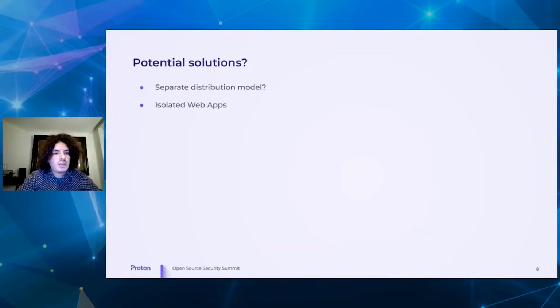One thing you could think of is, well, maybe we should change the distribution model somehow. Maybe it should be more like the mobile apps, for example, where the application is signed by the developer, but then it's also signed by the distributor, which could be, let's say, Google or Apple, signing the code as well. And then it's much more difficult to serve malicious code to one specific user, right?